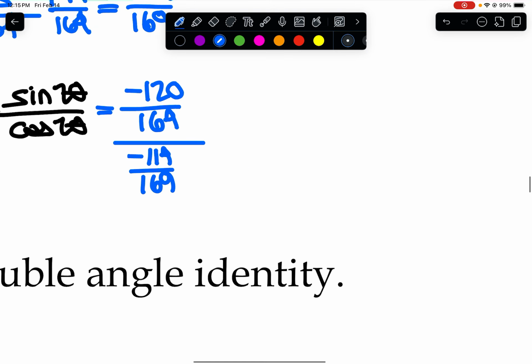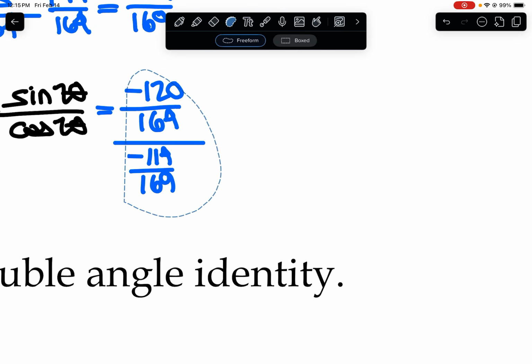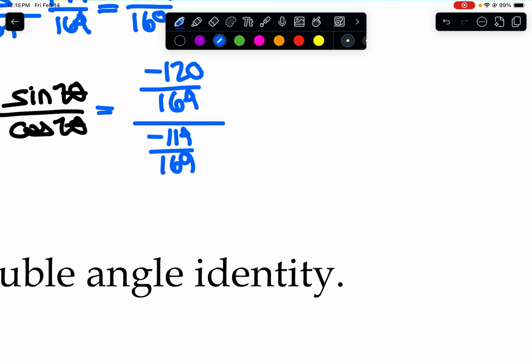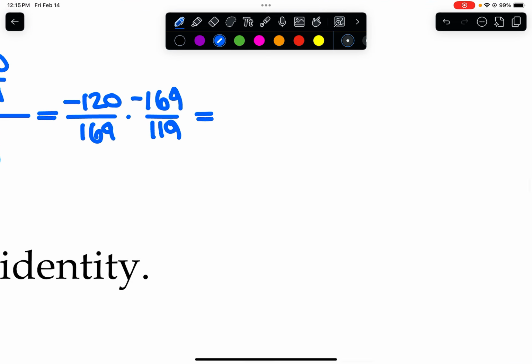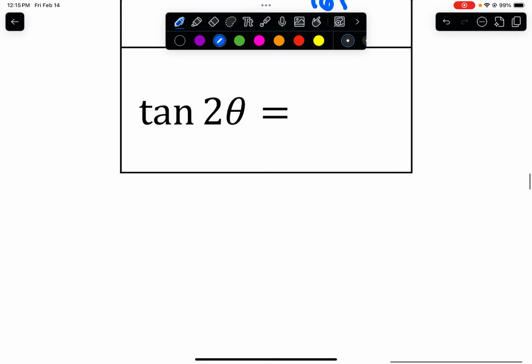So when I simplify this absolutely disgusting and abhorrent looking fraction, we're going to have negative 120 over 169 times 169 over negative 119, which, two negatives make a positive, and then the 169s are going to cross out. So this is going to be 120 over 119. So pretty close to 1.